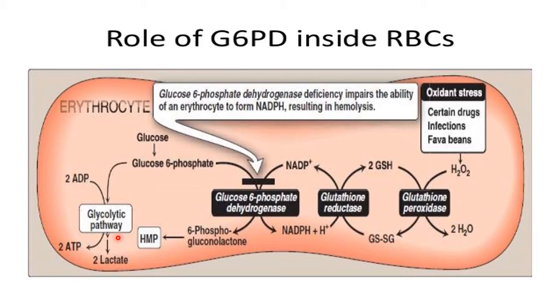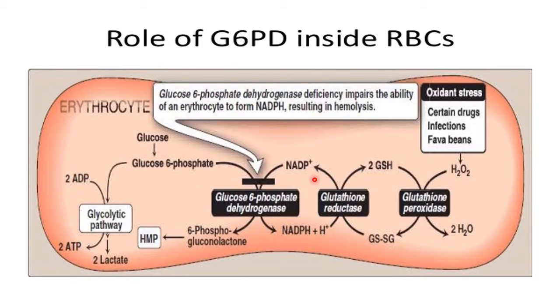Now, along with this, the pentose pathway which is attached to the EM pathway is important in maintenance of NADPH, that is nicotinamide adenine dinucleotide phosphate, and GSH, that is reduced glutathione, which are needed to protect the RBC from oxidant stress.